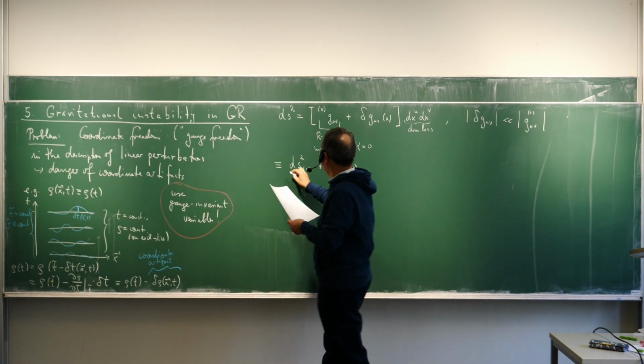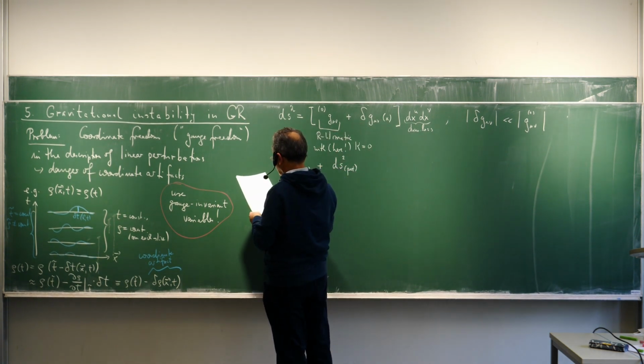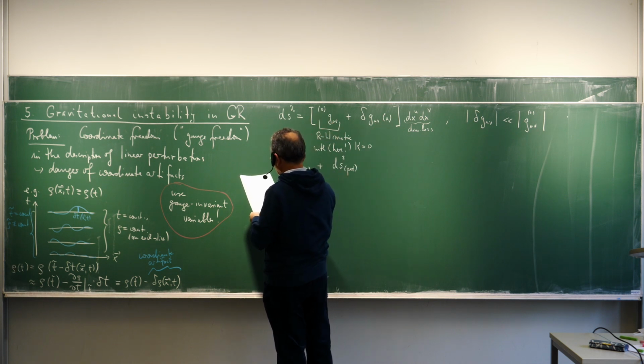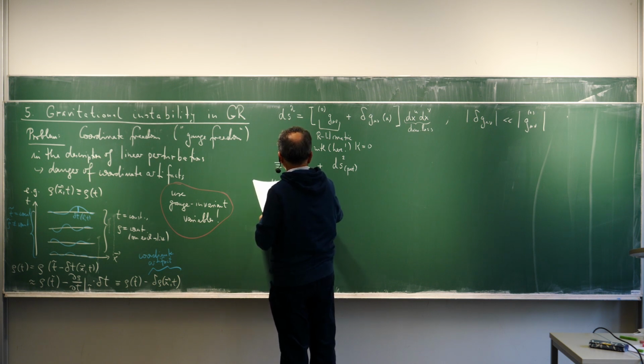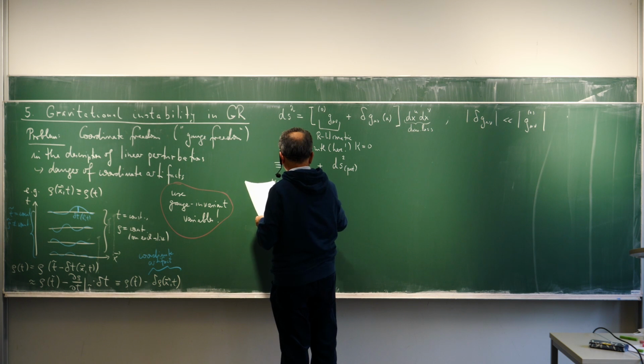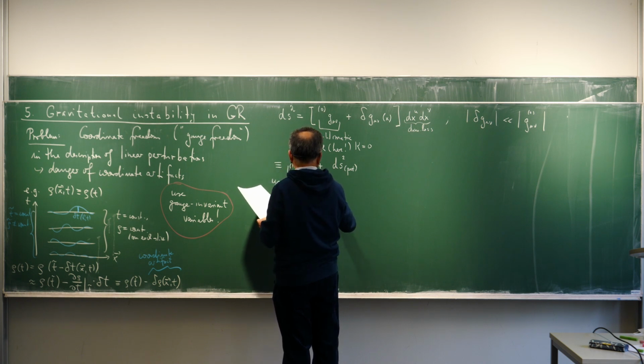Recall, this is a standard line element, g mu nu 0 dx mu dx nu, and if we use conformal time, dt equals a d eta, then we have a squared of eta times minus d eta squared plus dx squared.